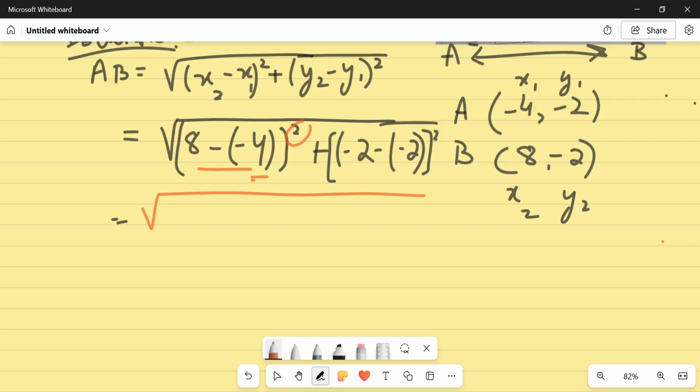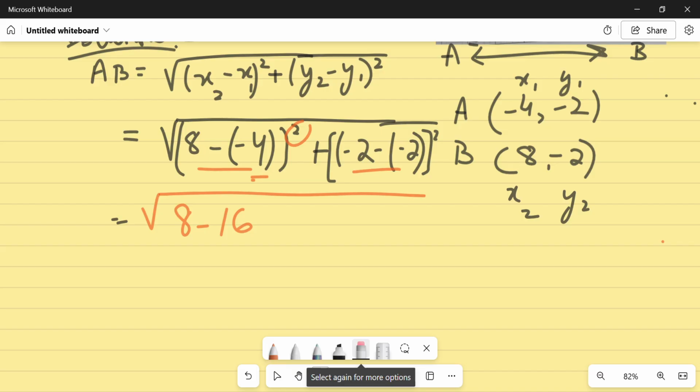Minus minus is plus. For the second one, -2 minus -2 is 0, and 0 squared is 0, so no need to write it down.